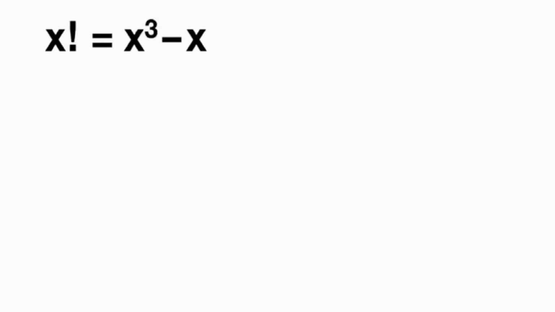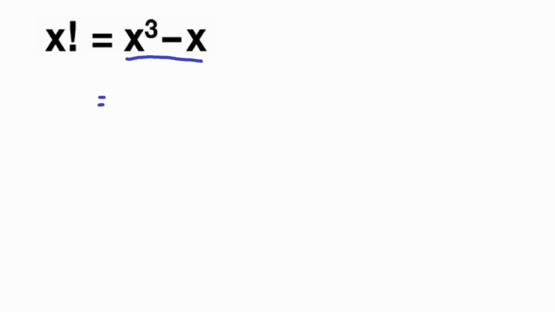So let's start with the right side. So x cubed minus x. Already we can notice there are two terms here that are being subtracted by one another, and both of these terms have the x in them. So since both terms have an x in them, this means that we can factor out an x from both of them.